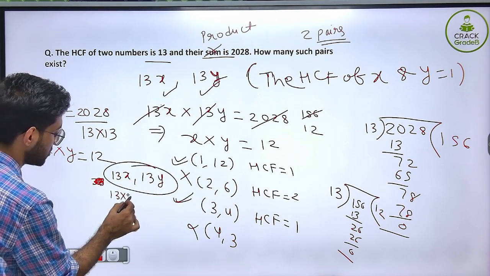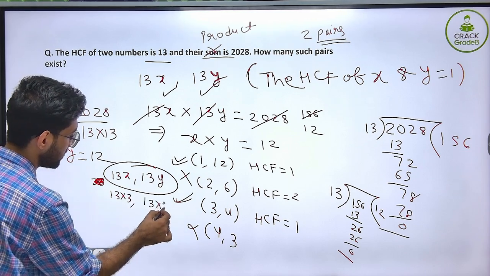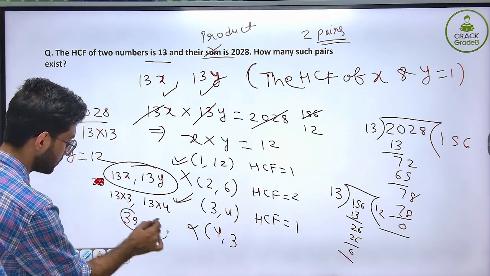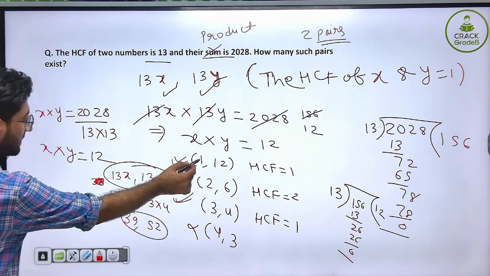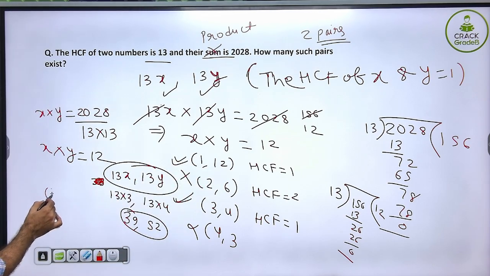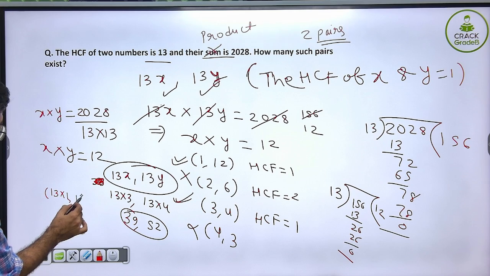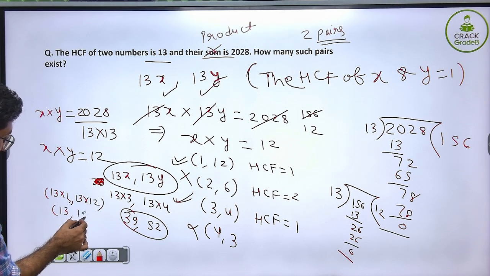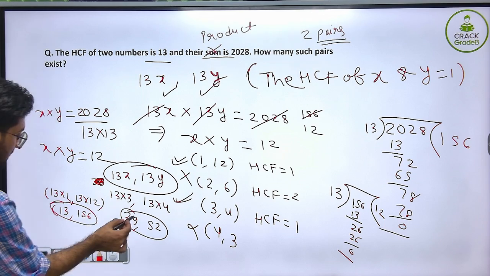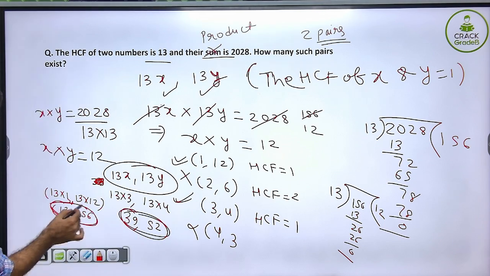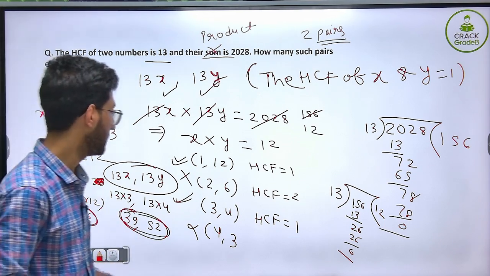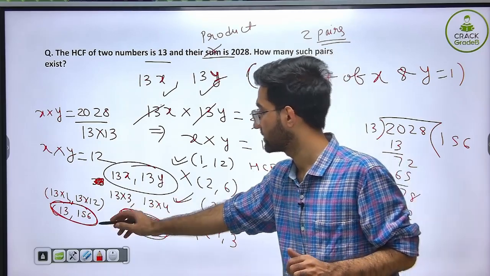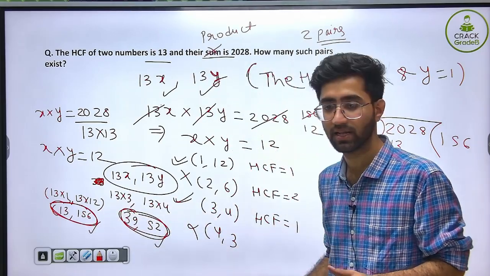So 13 into 3 and 13 into 4, one pair is 39 and 52. What is another pair? When the value of x is 1, 13 into 1 comma 13 into 12, so 13 and 156. This is our another pair, 13 and 156, and 39 and 52.